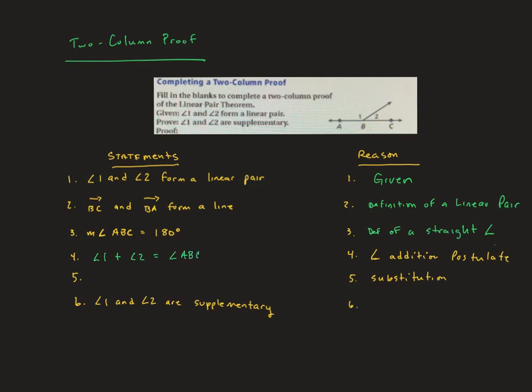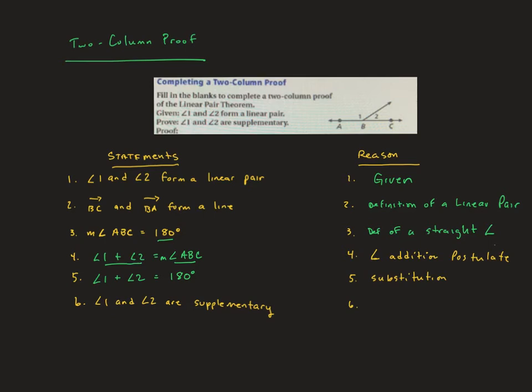ABC. Now, there we have the substitution: if I have the measurement of ABC is equal to 180 degrees and angle 1 and angle 2 are equal to the measurement of ABC, therefore angle 1 plus angle 2 are equal to 180 degrees. So there we go. And that was using substitution.